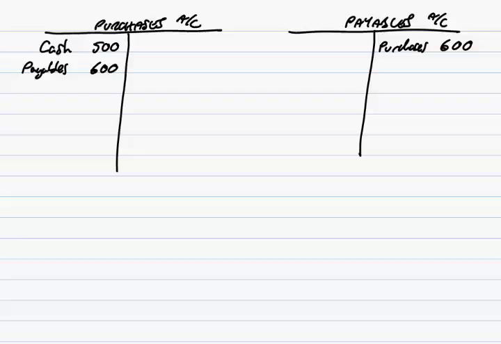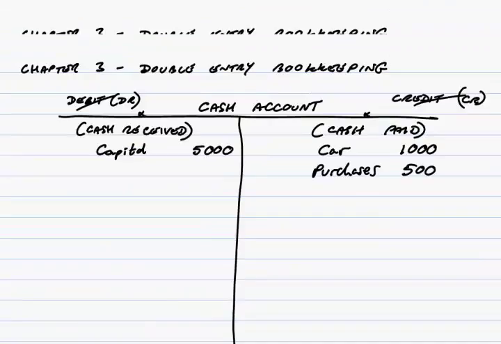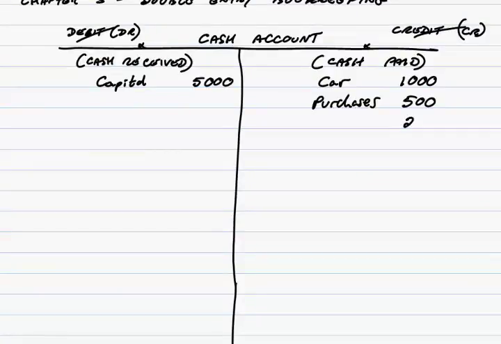Next, we pay rent of 200. We've paid cash, so credit cash. We need to make a record that we paid rent. We'll debit a rent account. How much was it? 200.